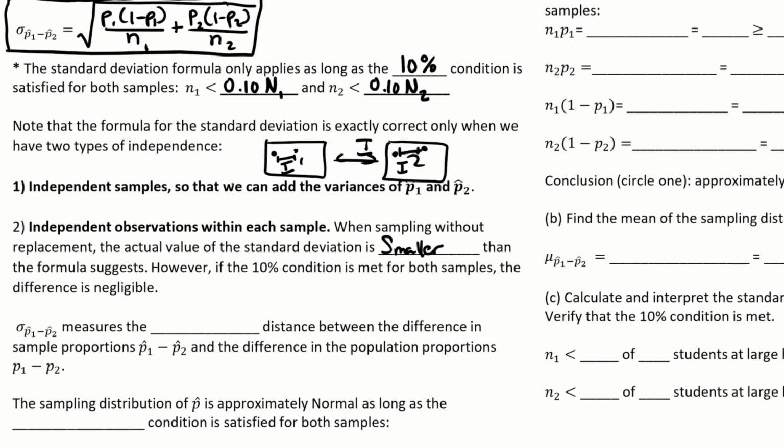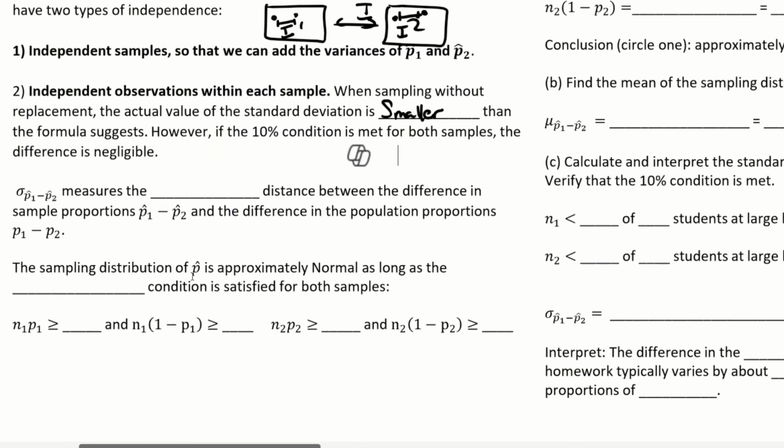Now, we need both of these in order to use this formula, because you have to have independence between them, which is why we have this plus sign between these two. But you also have to have the 10% condition met to even use this formula to begin with. You need these two things in order for that standard deviation formula to be valid.